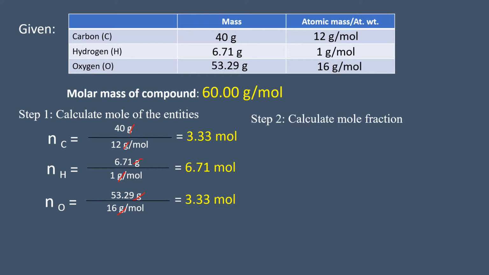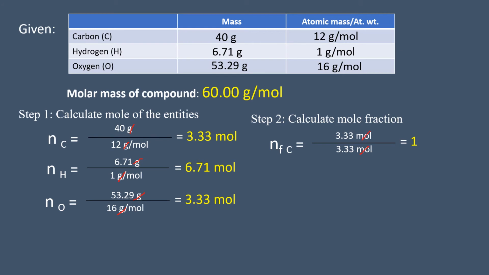Next step is calculate mole fraction. Remember that mole fraction can be calculated by dividing the mole of that entity with the smallest mole among the entities. So example, for carbon, we have the mole of carbon is 3.33, and the smallest mole among the entities is also 3.33. So the mole fraction for carbon is 1.